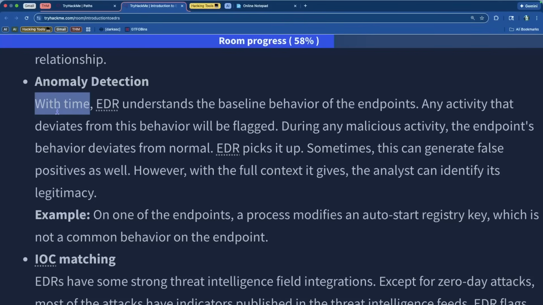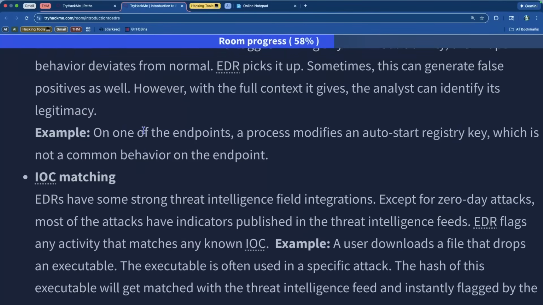When there is a lot of time, a week of baseline behavior is very different from a year of baseline behavior. If you can imagine, a year of baseline behavior is a much more in-tuned detection source for the EDR, and it can compare anything that is outside of that year's worth of baseline, and then it would easily be able to detect an anomaly.